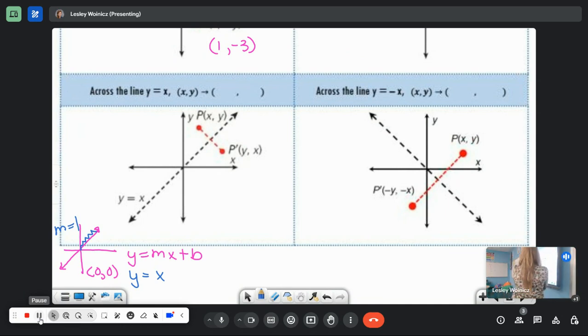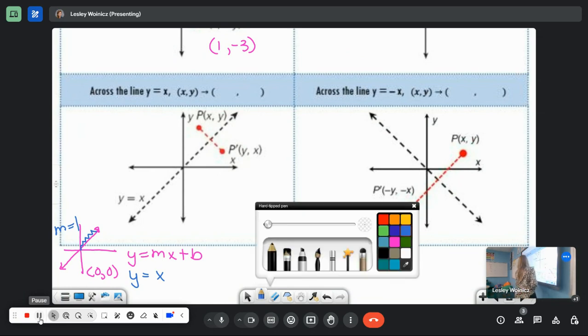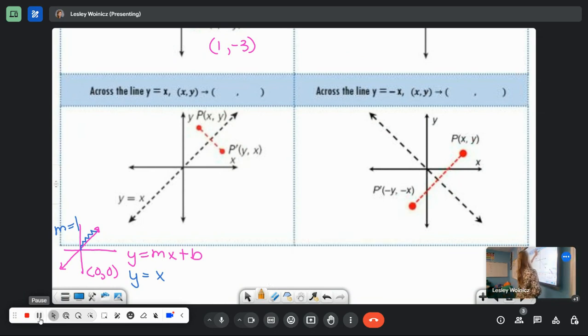So our cute little point P is up here floating around. What does that look like to you guys? (1, 3) or (1, 4)? Okay. So this is going to be our point (1, 4). Remember, I'm going to go the exact same distance on the opposite side of my line of symmetry, and it has to be perpendicular.